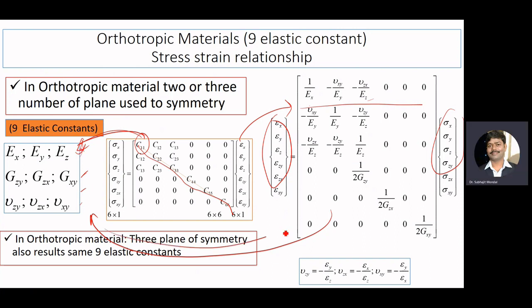This can be written in this form, and strain and stress can be written in this form. So for an orthotropic material, we have a total of 9 independent elastic constants, and these can be obtained from the 9 engineering constants, that is the Young modulus along x, y, and z, the shear modulus along the x, y, and z planes, and the Poisson ratios also.